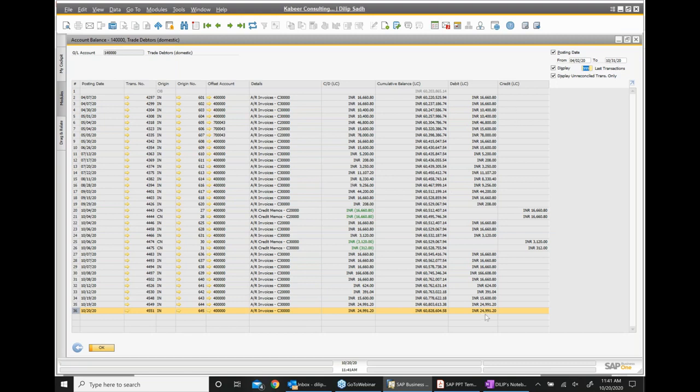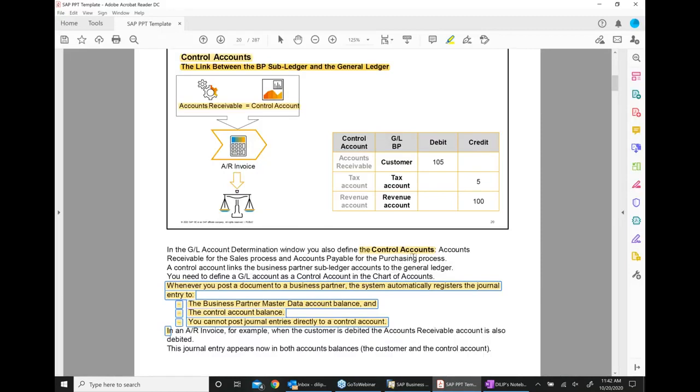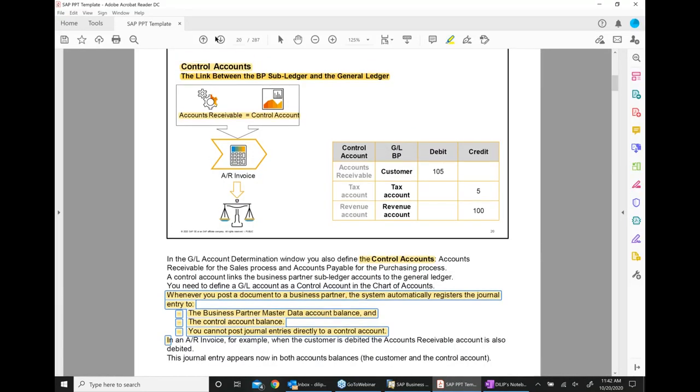You see the debit entry, 24,991.20. That is what we see here. Bookmark this slide number 20. Understand this.